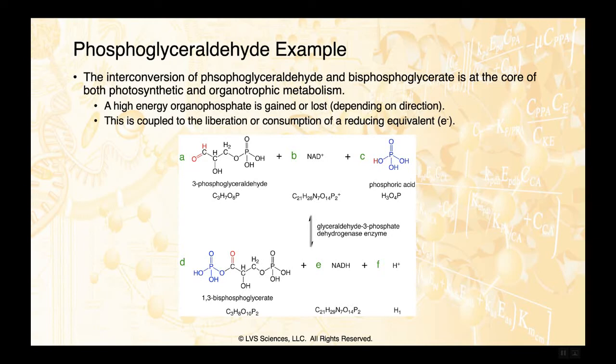This reaction is reversible. So we can consume excess NADH, reverse the process to produce inorganic phosphoric acid and the oxidized form of NAD, along with 3-phosphoglyceraldehyde. So this reaction is effectively reversible.